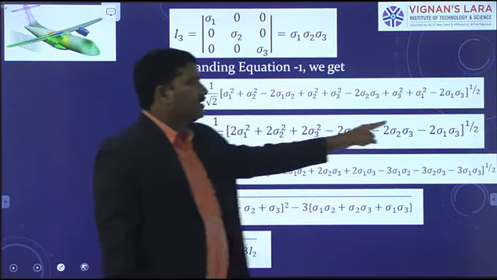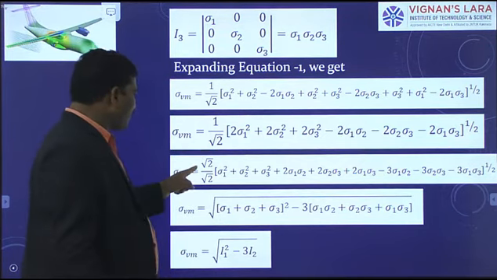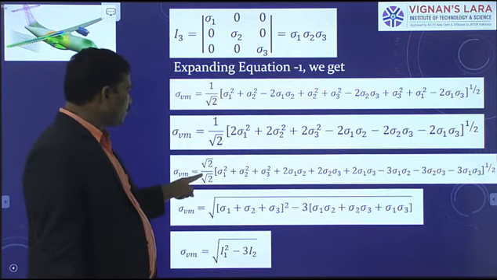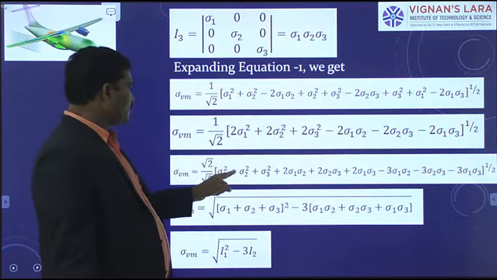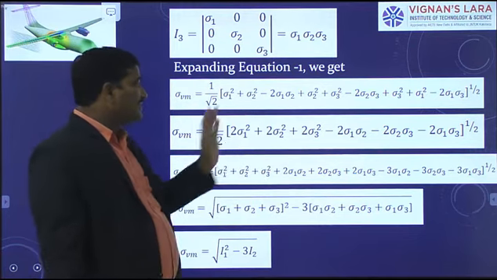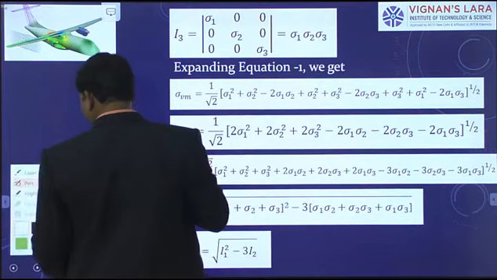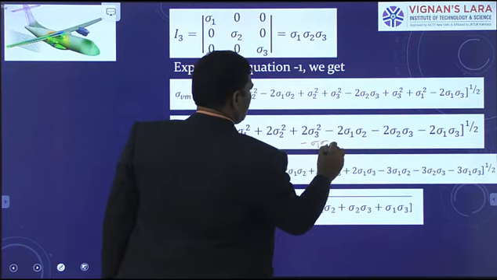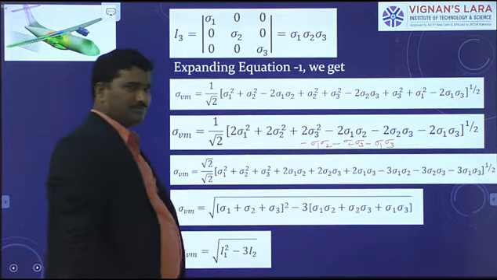When it comes out, because of the 1 by 2 power, it becomes square root of 2, so it lies outside in the numerator. Von Mises stress equals square root of 2 by square root of 2 into, because 2 has come out, sigma 1 square plus sigma 2 square plus sigma 3 square, and what remains is minus sigma 1 sigma 2, minus sigma 2 sigma 3, minus sigma 1 sigma 3. You get like this.